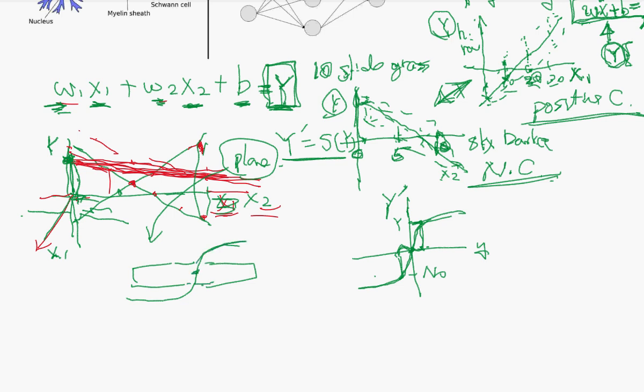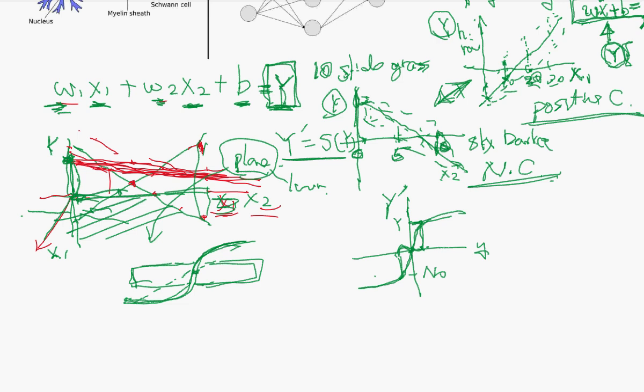Whenever this linear plane is touching down this plane, right? This plane is skewed into curve like that. Okay. Why is this important?